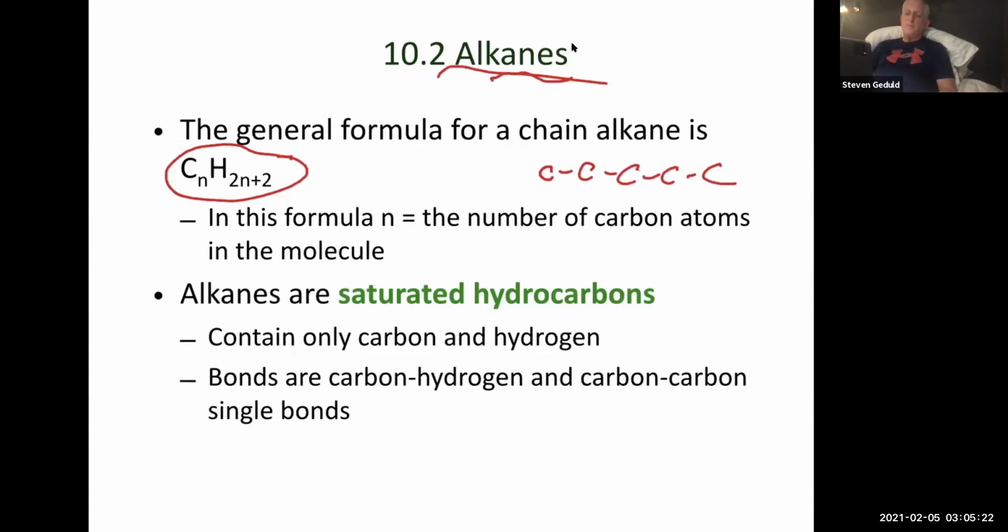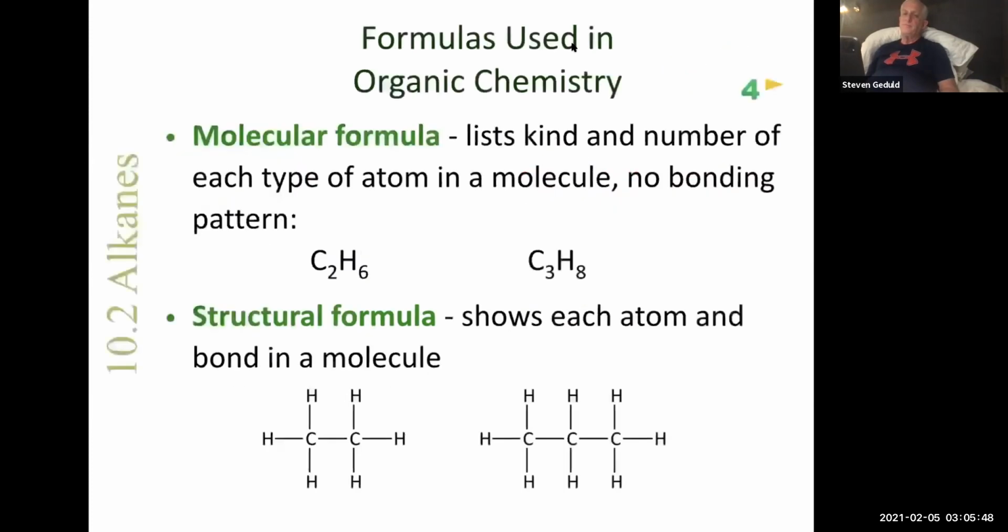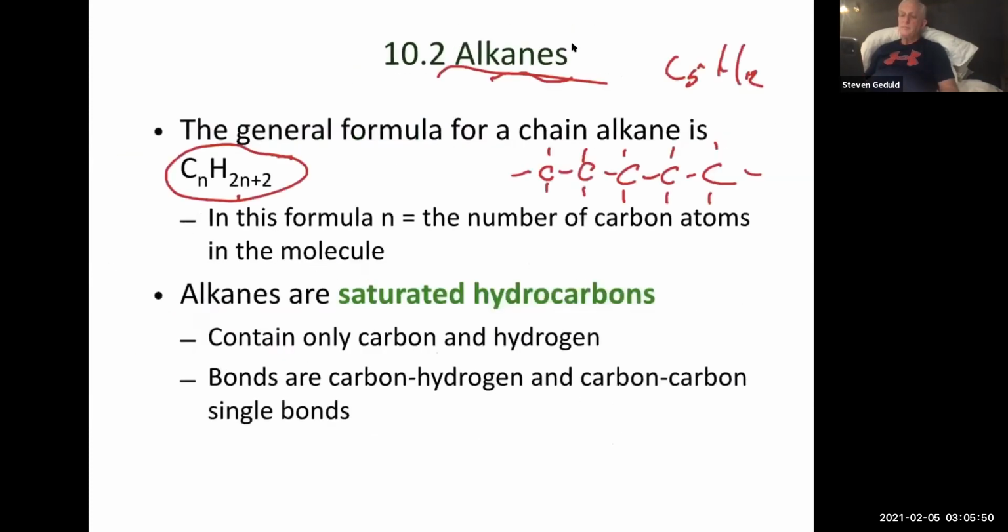This formula says we double the number of carbons because there's 2 hydrogens on each carbon, right? And then we add 2, 1 for each end. That's all it means. So if we have 5 carbons, we have 5 times 2 plus 2, so it'd be C5H12. N is the number of carbon atoms in the compound.